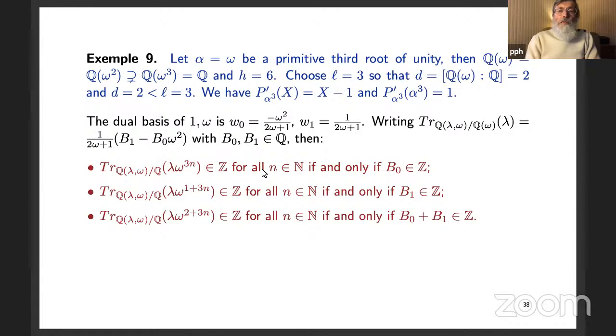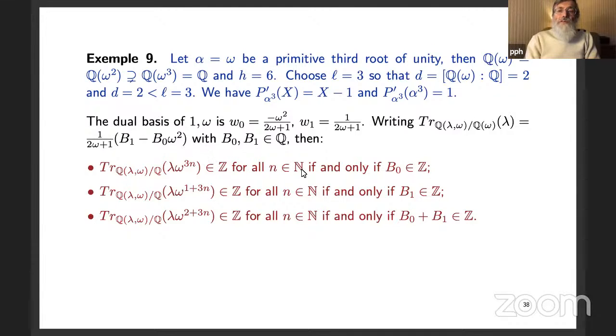then this would occur if the trace of the product lambda alpha^n, so here alpha^a is 1. So the trace of 1 times lambda, this would be b0, because omega^2 minus omega^2 over 2 omega plus 1 is the dual basis.